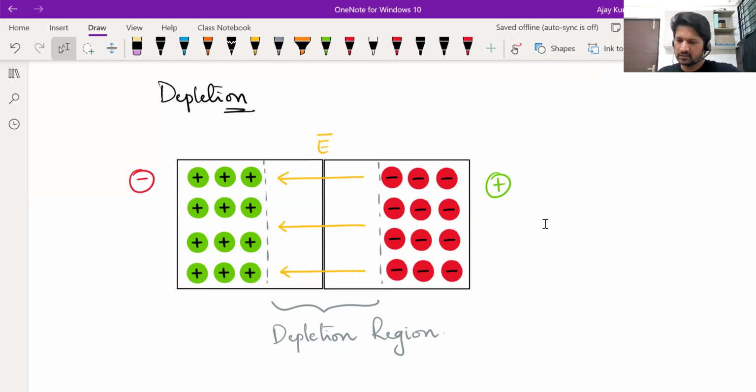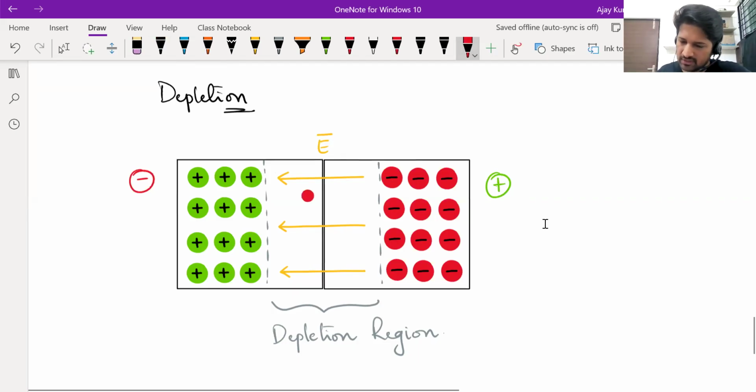on the charges. Now, in this depletion region, suppose occasionally some electron hole creation occurs. Let's say a valence electron jumps into the conduction band. So one electron will get created, one hole will also get created. Now electron is negatively charged, hole is positively charged. What will electric field do to positive charges and negative charges?